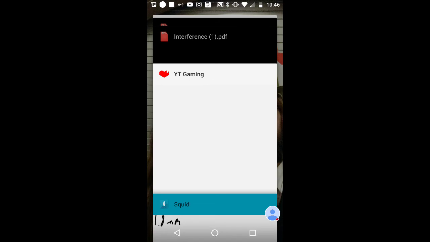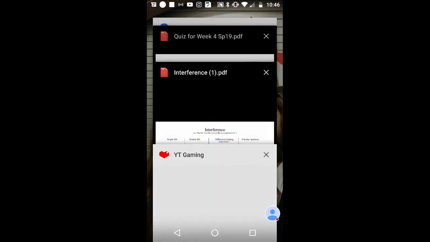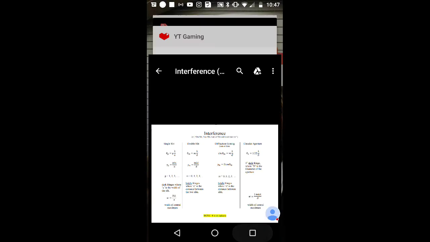So we're going to look at our interference equations for the double slit. And so we can see that we have theta m is equal to m lambda over d and ym equals m lambda L over d. We have information about ym, so that's probably going to be the equation we want to use. So we're going to write that one down.